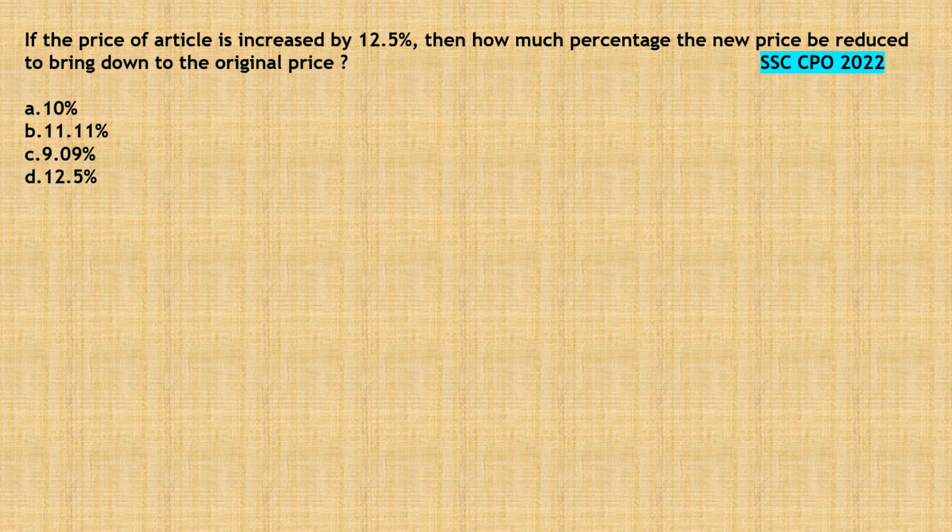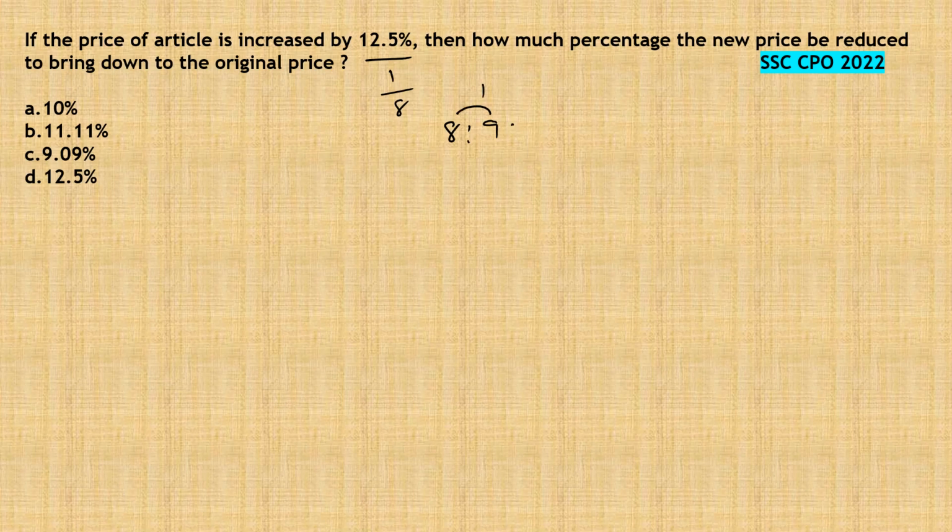If the price of the article is increased by 12.5%, 12.5% denotes 1 by 8. Then by how much percent should the new price be reduced to bring down to the original price? The price of the article was 8. It increased by 1 by 8, increased by 1, that is 9.